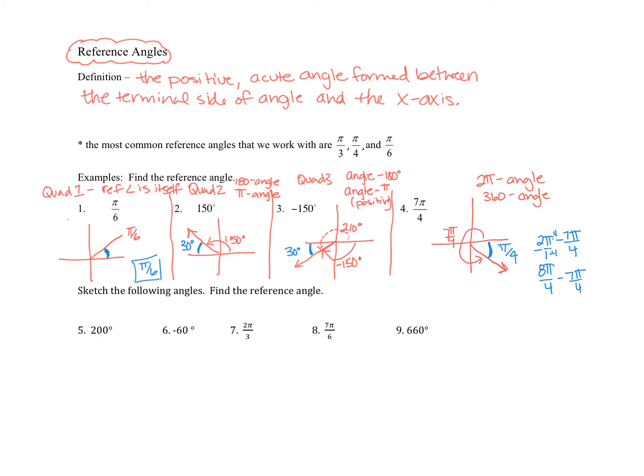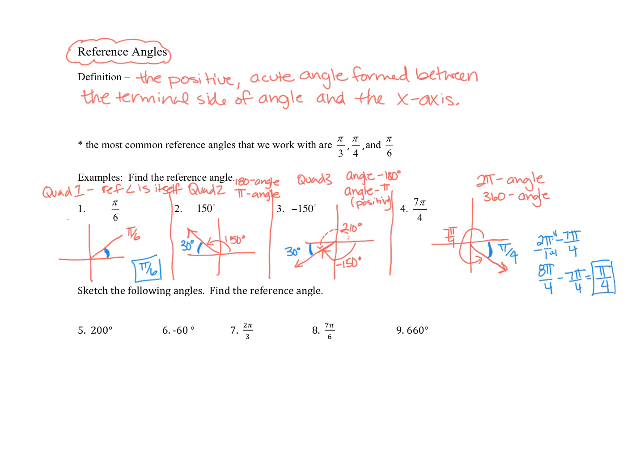So now I can subtract because I have two fractions that have the same denominator. When you subtract fractions, you subtract the numerators and you keep the denominator. So this would give me 1 pi or pi over 4, which is the exact same answer I got when I just kind of looked at my graph and reasoned it out. So both ways work, and in both instances, I got pi over 4 for my reference angle.